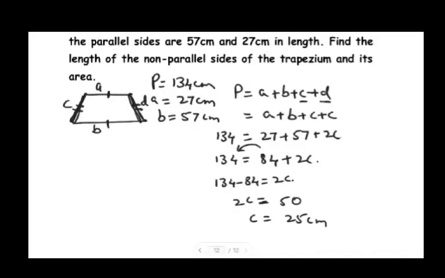Instead of C, I'm going to write 25 here.